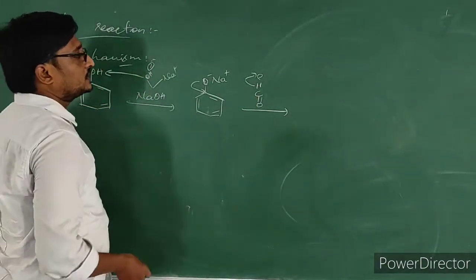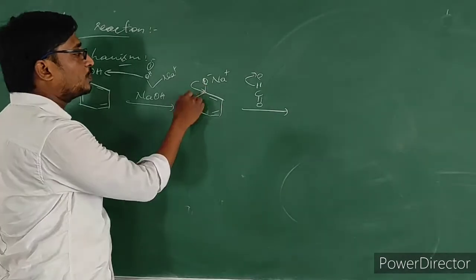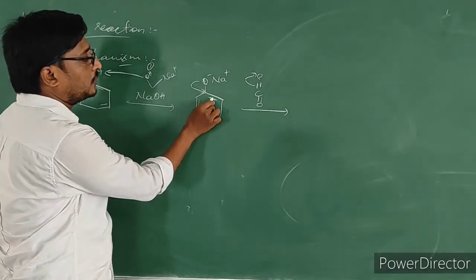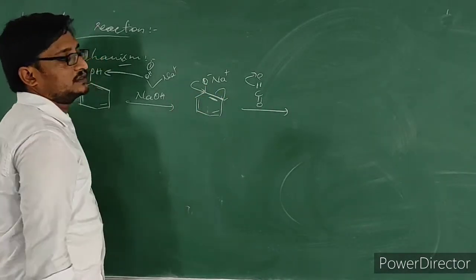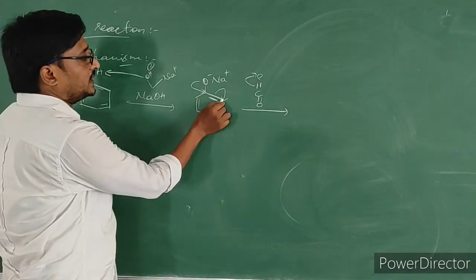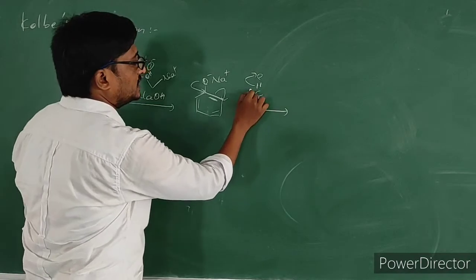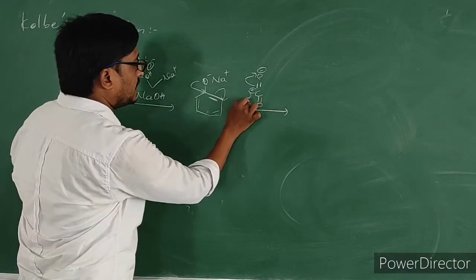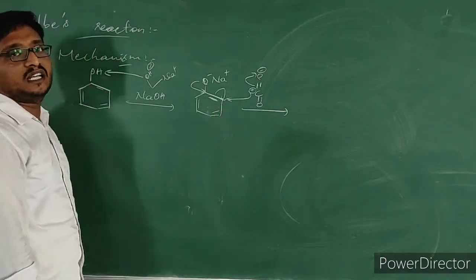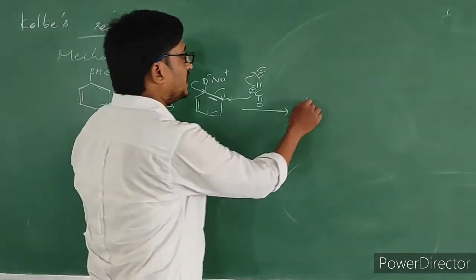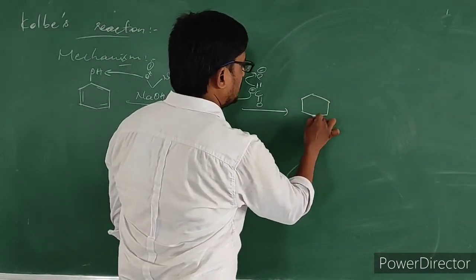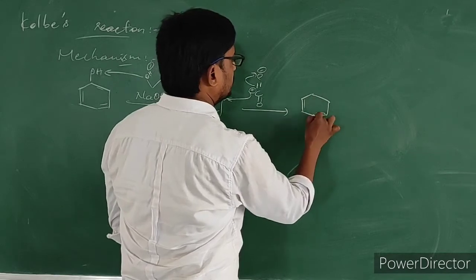In phenoxide ion, since lone electrons are moving into the benzene ring, this pi bond will shift towards this carbon, making this carbon negatively charged. Now the carbon from carbon dioxide, since it is positively charged, will bind to this negatively charged carbon, resulting in the formation of this product.